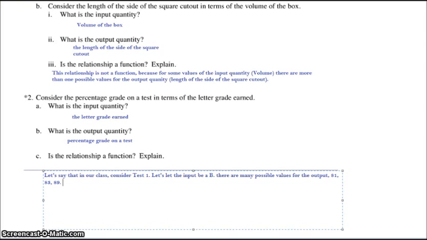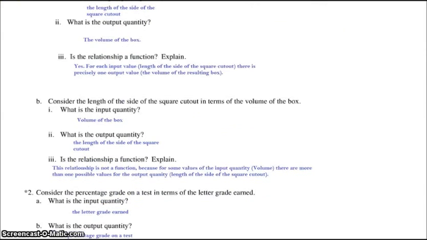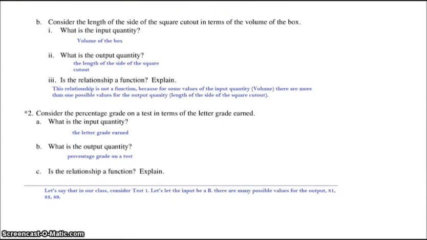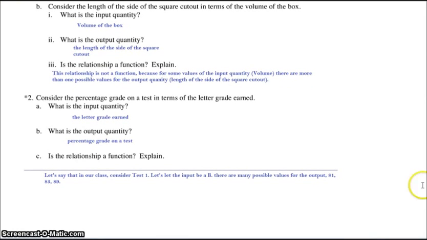And if we again just go back to the definition of a function, at the top of the page here, a function is a rule that assigns to each input value exactly one output value. And with the test, for each input value, A, B, C, D, or F, there are many possible output values. So this is not a function.